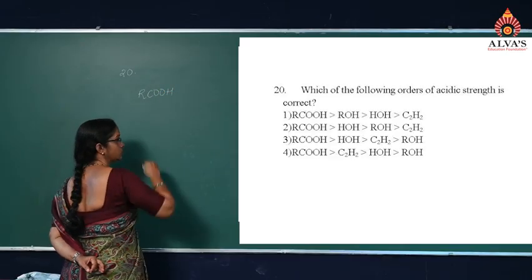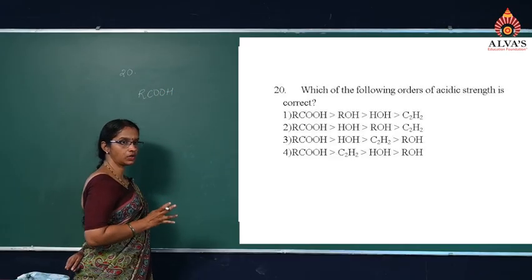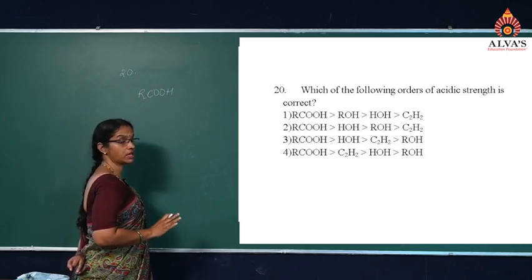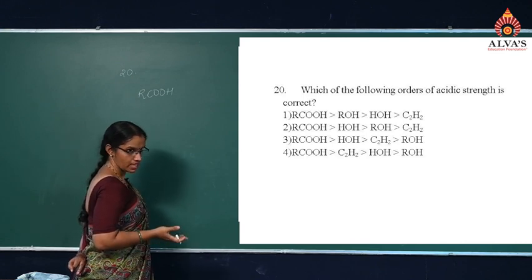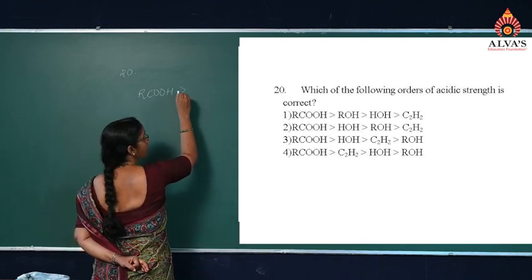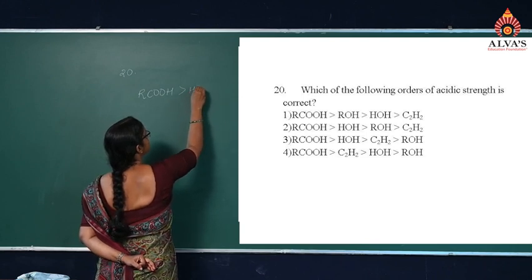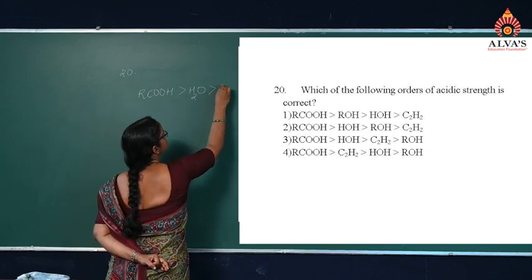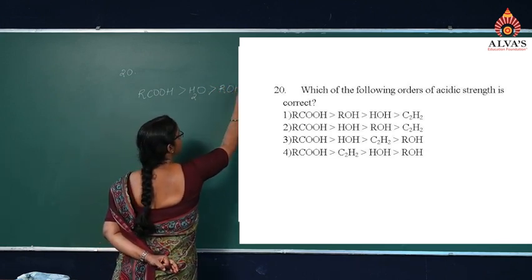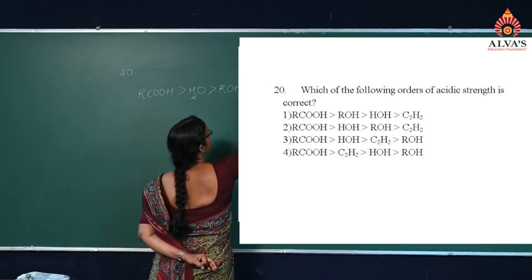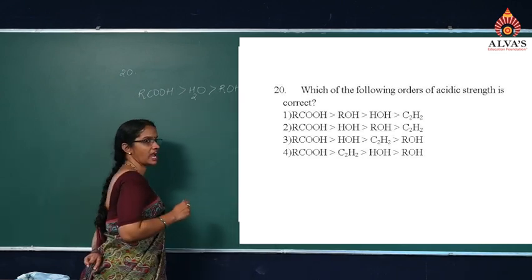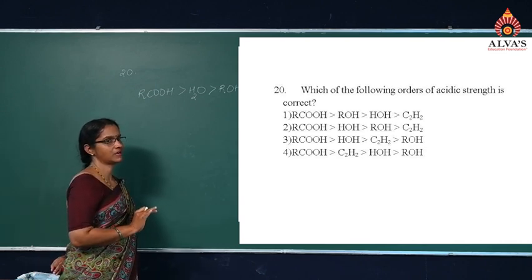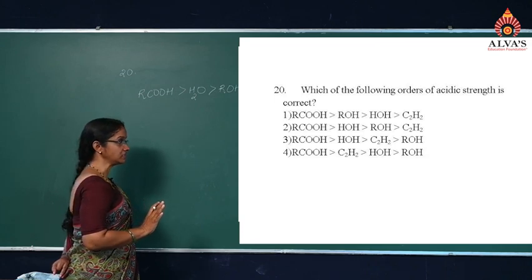Hence, if we look at the molecules, the priority of acidic strength will first come with carboxylic acid. Now between alcohol and water, we have studied that alcohols are weaker acids than water. Hence, the next in priority list is water, then comes alcohol, and finally we have ethyne, C2H2, because ethyne will be acidic only in presence of strong alkali metals like sodium, otherwise it is neutral.